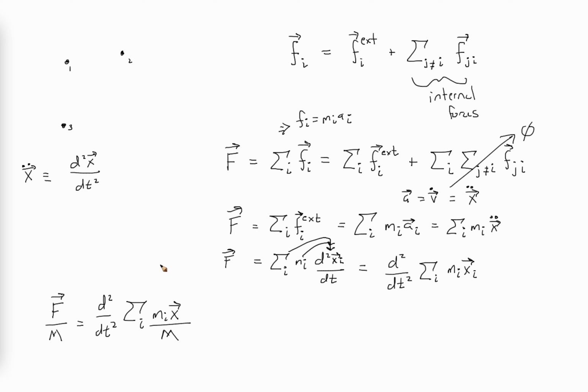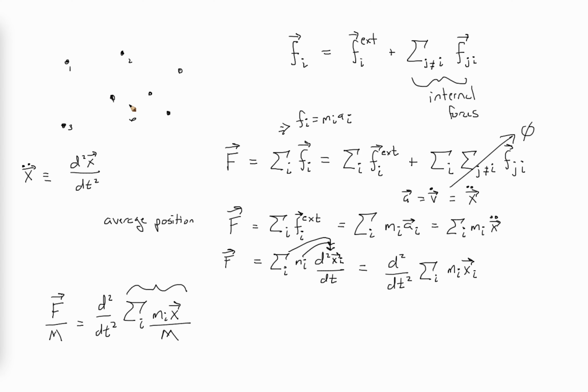Now this whole sum is an interesting thing. Look at what it is. What is it? This is the average position. So you take all of your particles in your system, however many particles you have, and you set up a coordinate system and you imagine trying to find the average position.